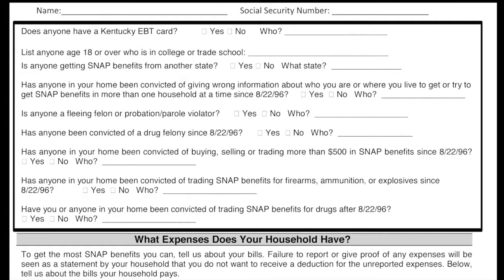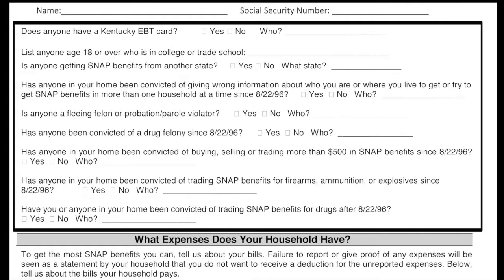These questions include asking the client if they have been convicted or provided wrong information regarding who they are, where they live, or if they tried to obtain benefits for more than one household at any given time.